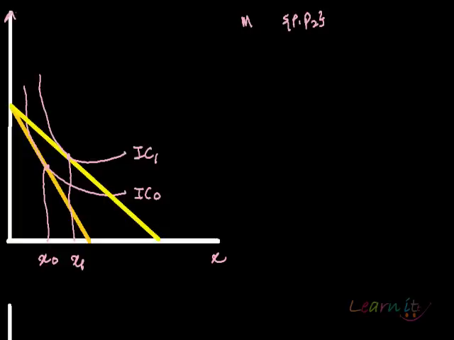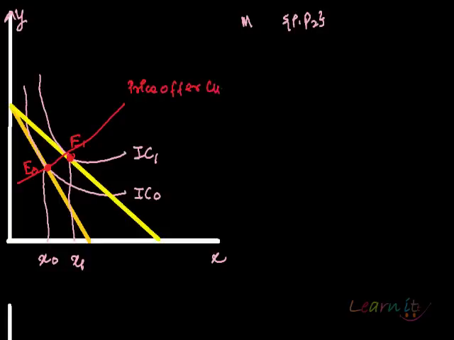Of course your X and Y were there, and these are your two points, E0 and E1. Now if you join them by a line segment, the curve which you get is called the price offer curve.